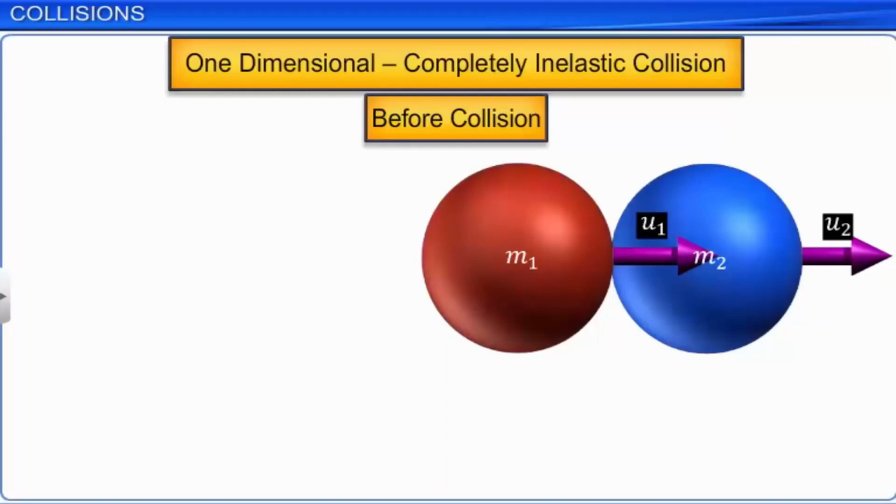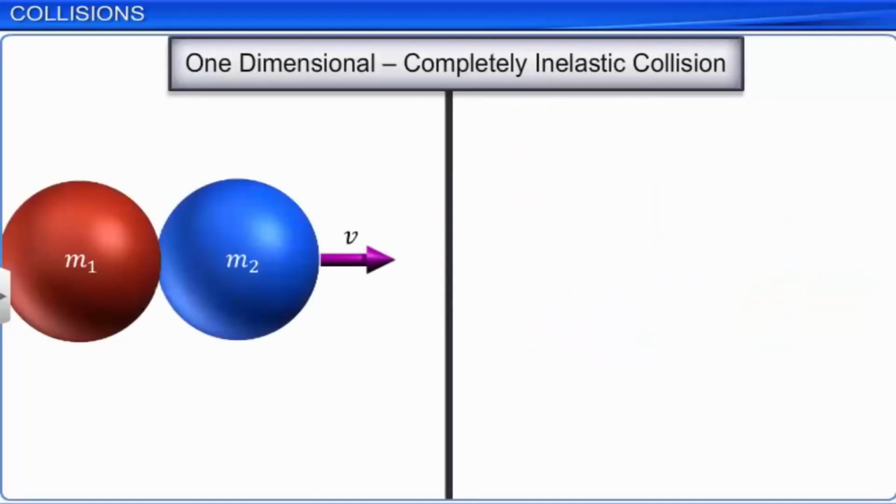Let the collision between m1 and m2 be completely inelastic. As the collision is completely inelastic, they stick together after the collision and move with a common velocity v.